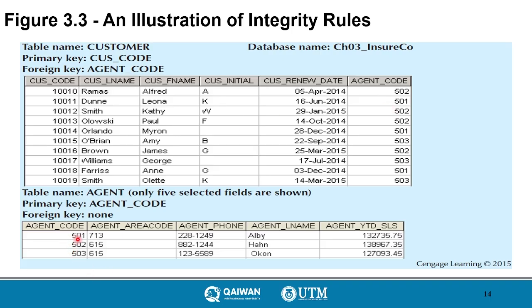If you take a look, 501, 502, 503, they are all in the same range. So there's no 504, okay? At that time, there would be a problem because it would be incorrect. How about the customer code? You see that they are all unique and there is no null. So this is the primary key.